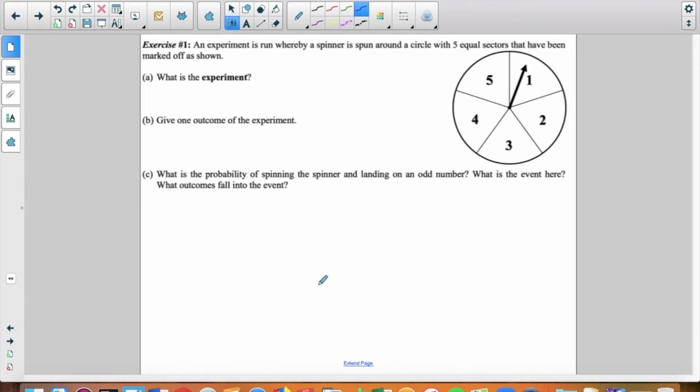All right, let's get to an example. In this problem, it says an experiment is run where a spinner is spun around a circle with 5 equal sectors that have been marked off as shown. What is the experiment? If you physically have a spinner with an arrow, the experiment would be to spin the spinner.